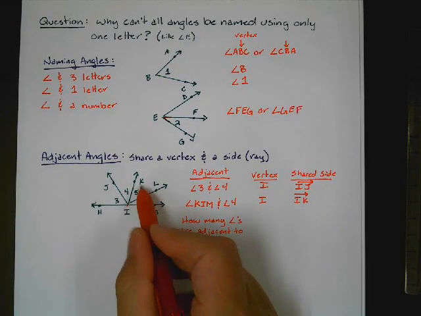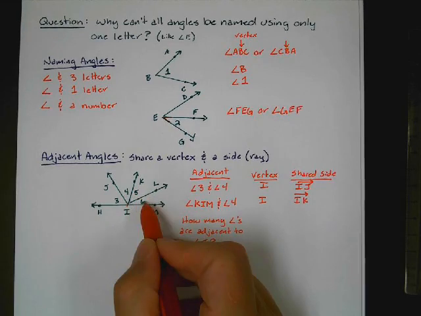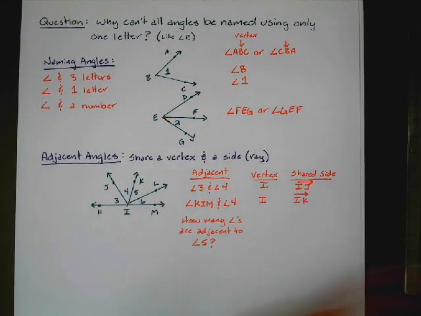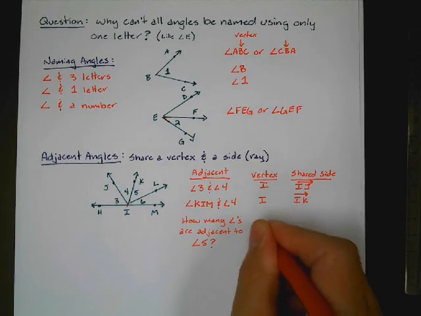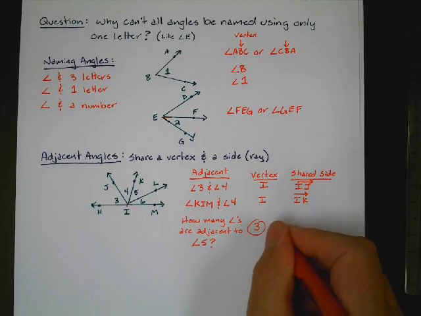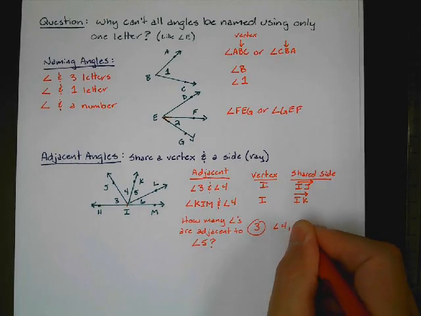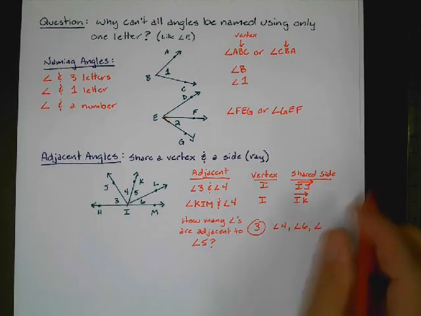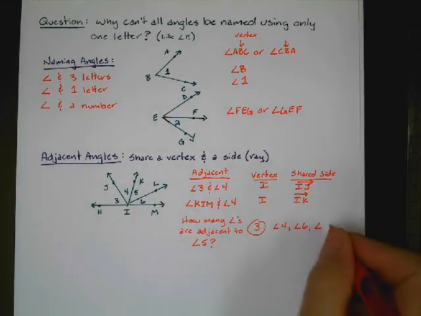So what's adjacent to 5? 6 is, 4 is, and KIH is. So there's actually 3. Angle 4, angle 6, and angle KIH.